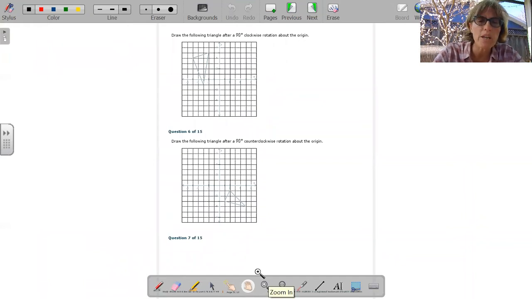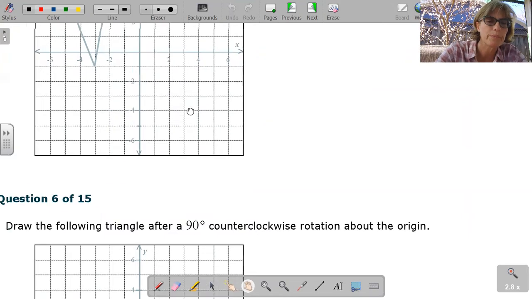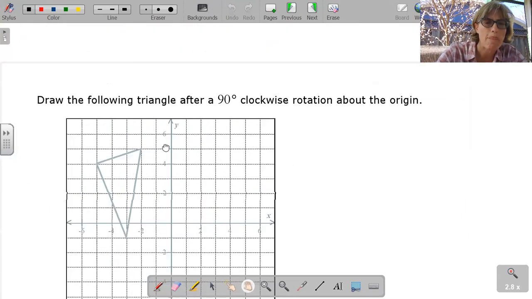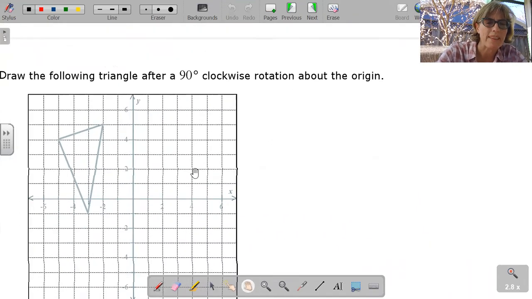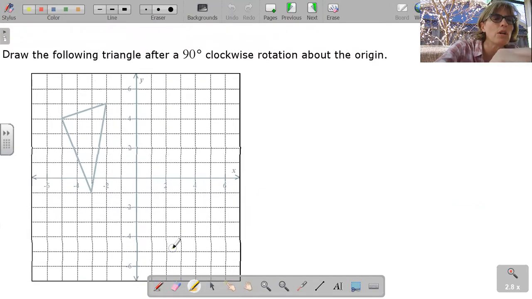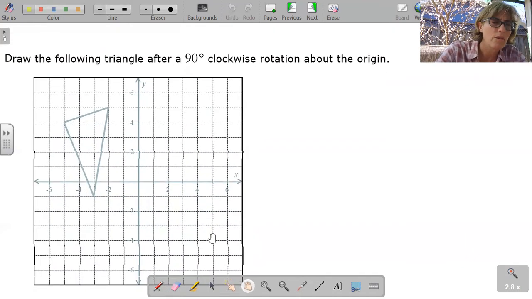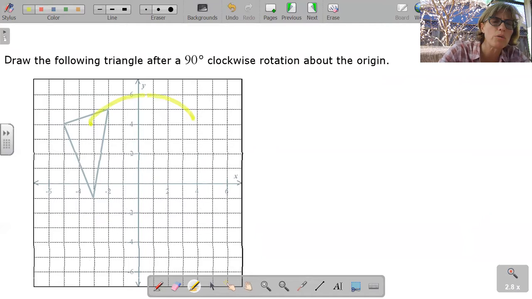We're going to rotate 90 degrees, in this case clockwise. It's always a good idea just to get a general impression of what direction you're going. And it says right here, if we're going clockwise, we're just going to go this way in general, and we're rotating 90 degrees.